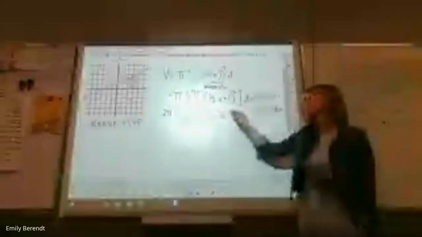What do we not have? We don't have a 1/2. So we have to balance in front of the integral with a 2. So instead of just pi, we're going to have 2 pi from 2 to 4 of 1/2 times (1/2 x plus 1) squared dx.